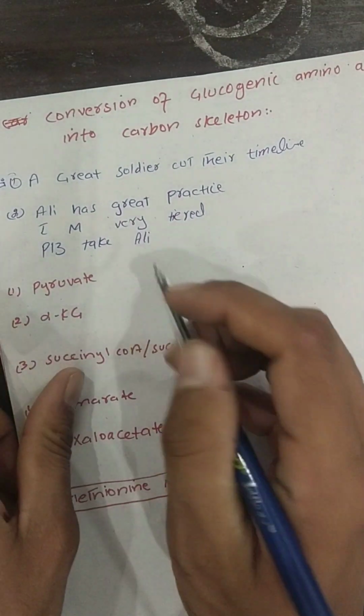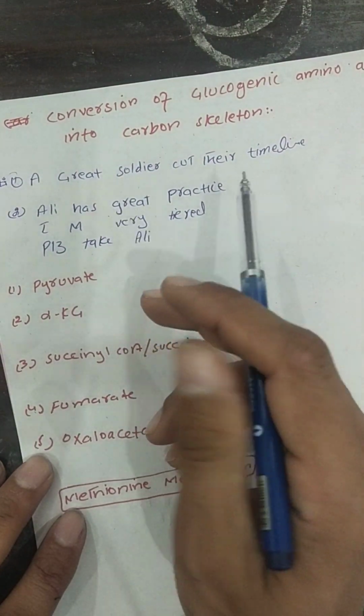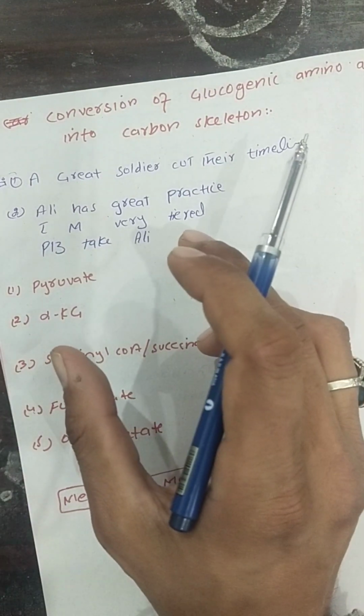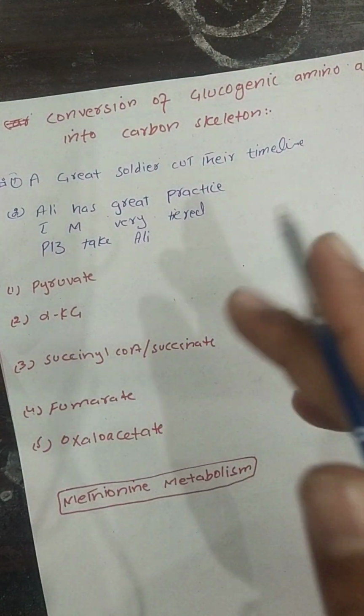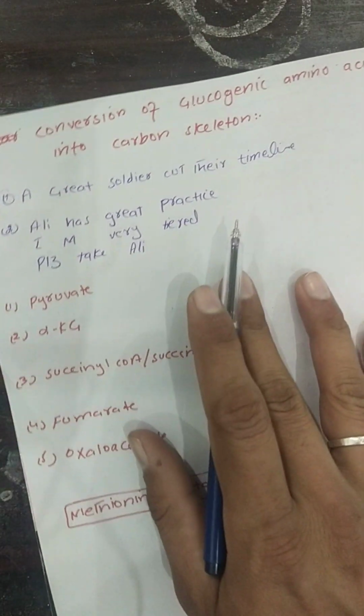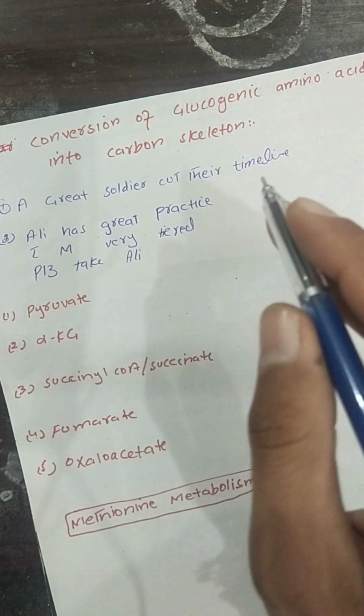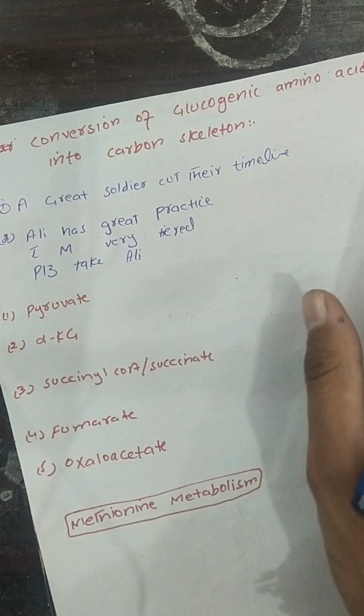These questions are mostly asked in MCQs: which amino acid produces which keto acid? For example, if we have methionine, which keto acid will it produce?